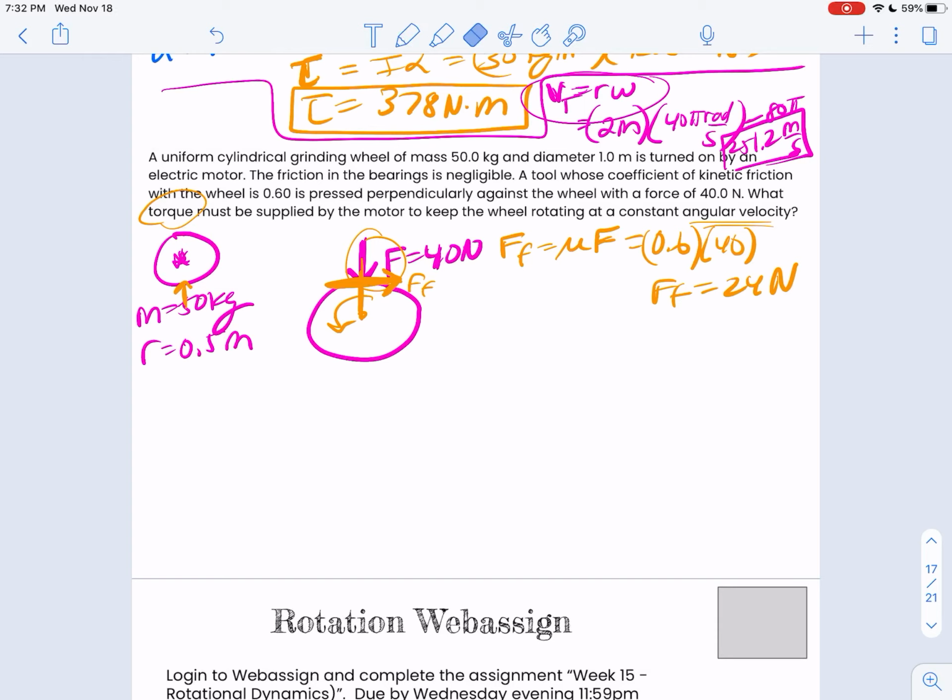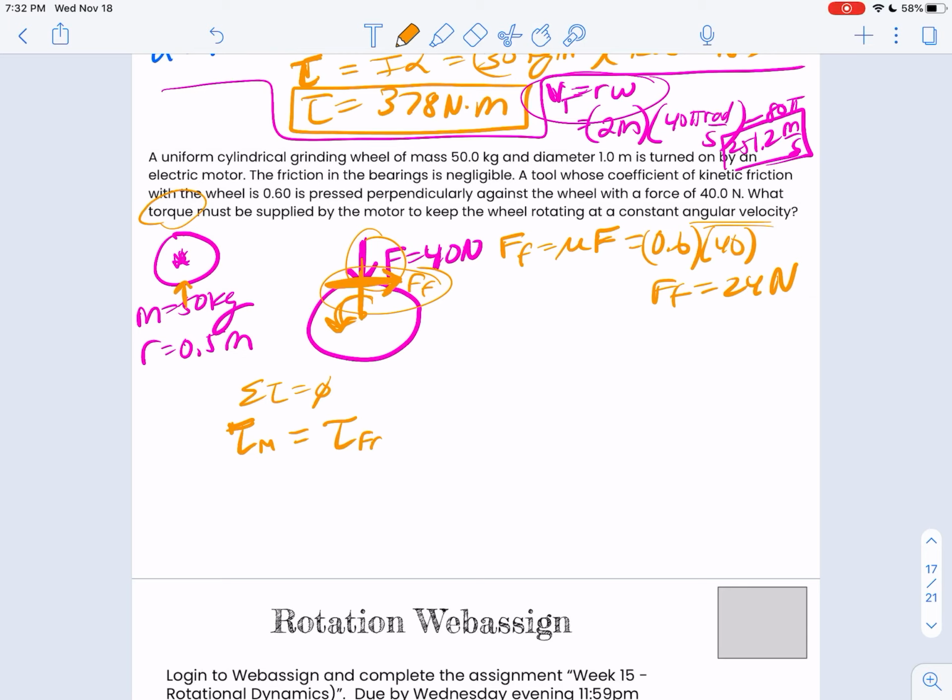So the sum of the torques is going to equal 0. The torque from the motor is going to have to equal the torque from the friction, because that friction force is trying to slow it down, so the motor's going to have to supply some force to keep it from slowing down.